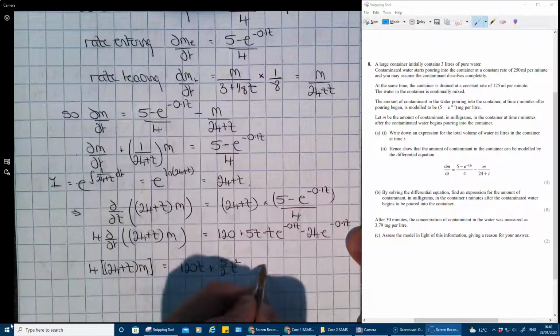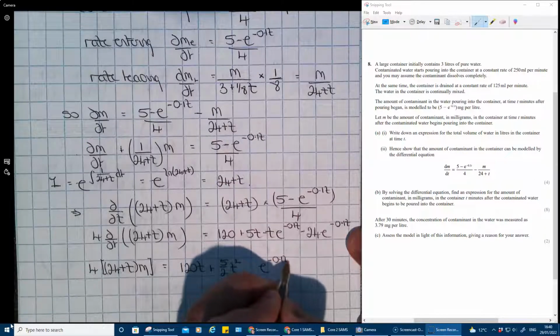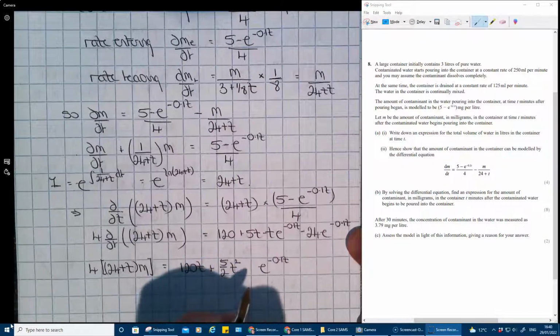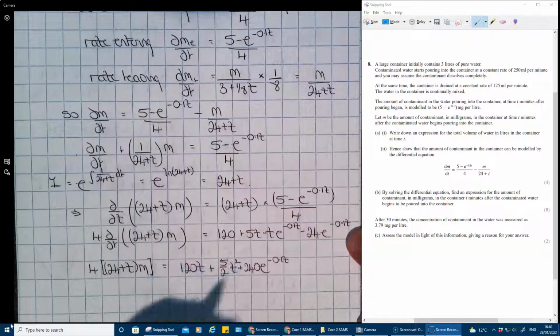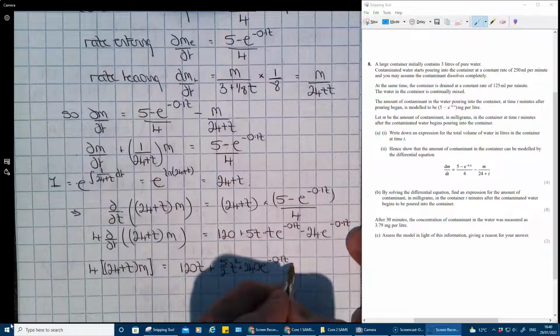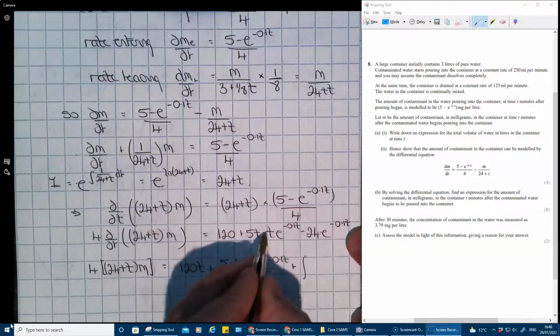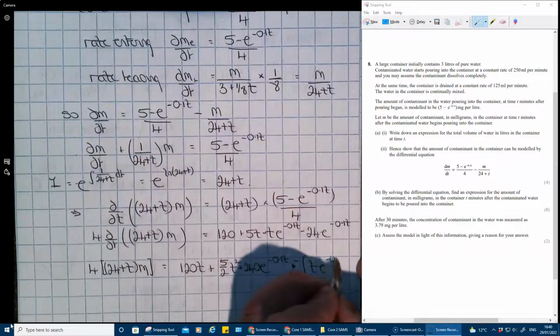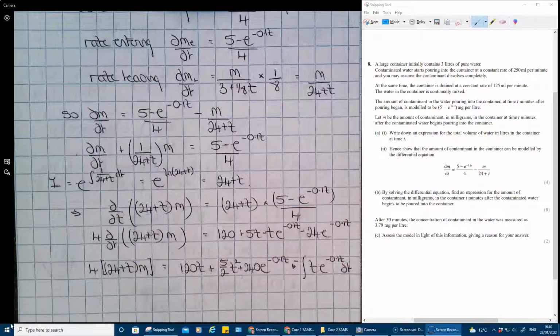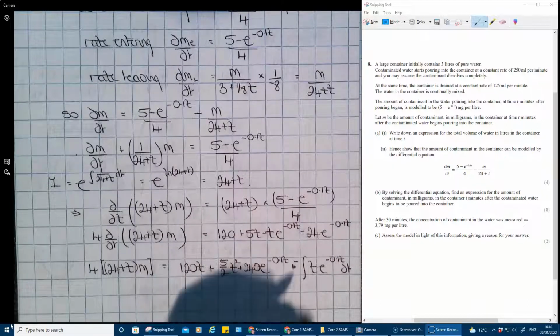And this is e to the minus 0.1t, so there'll be a 240, 24 divided by minus 0.1, and then I've got the other bit, which is a tricky bit, minus the integral of t e to the minus 0.1t dt. Okay, so it's this bit I'm interested in.